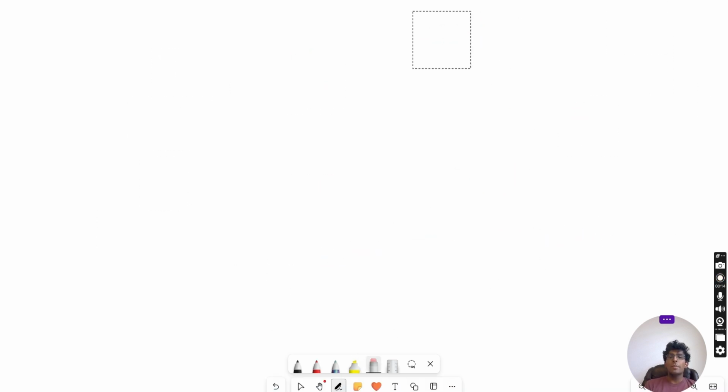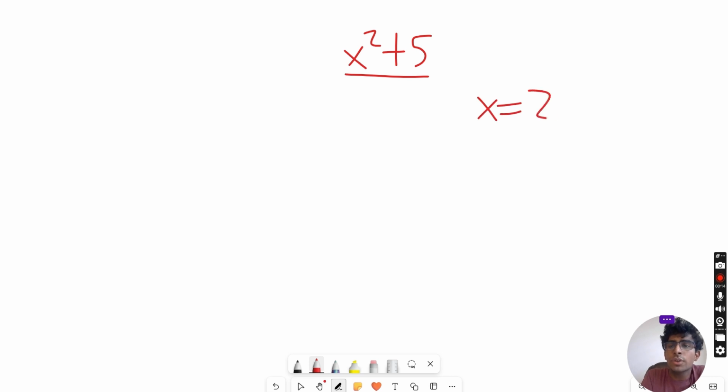A quadratic one is just like if something is changing at a faster rate, like x squared plus 5, and you want to see how much something is changing, like if it's changing at this rate, how much is it changing when x equals 2? You just do 2 squared plus 5, you get 4 plus 5 equals 9.